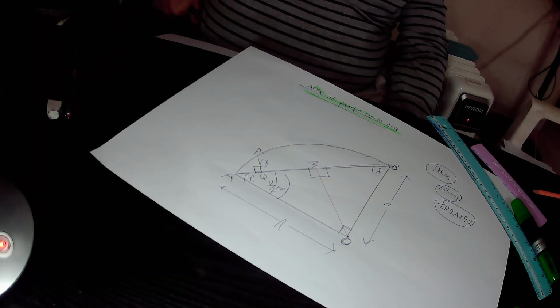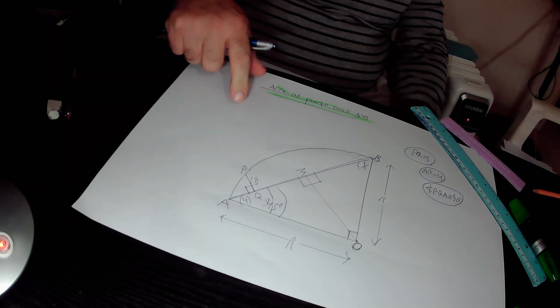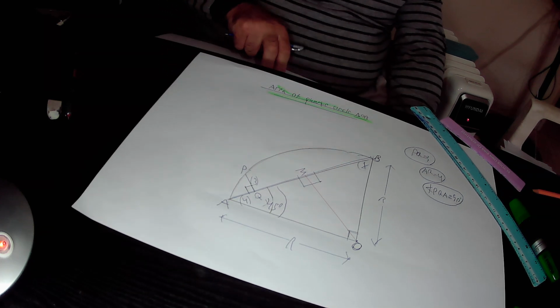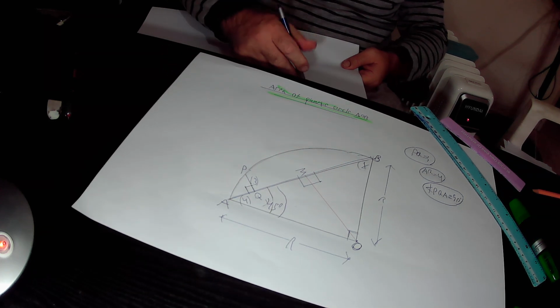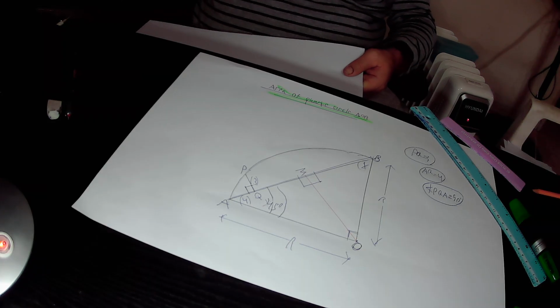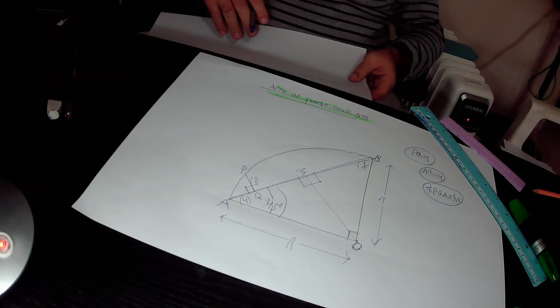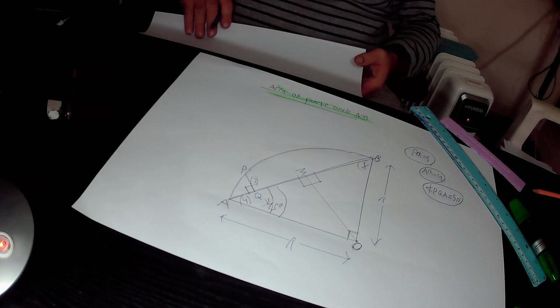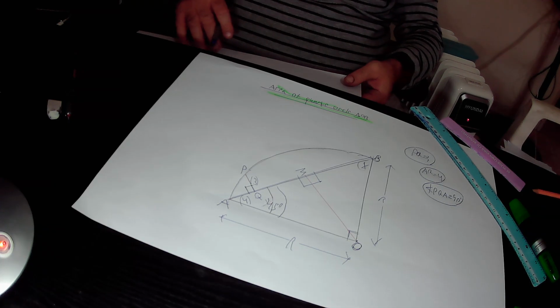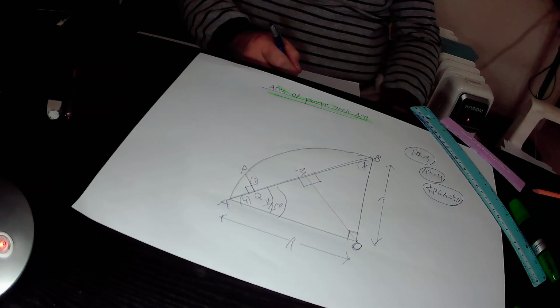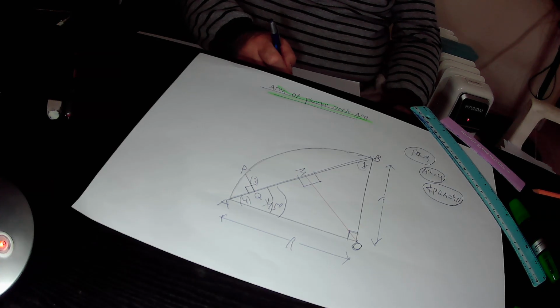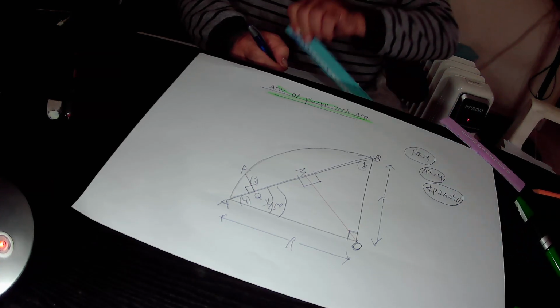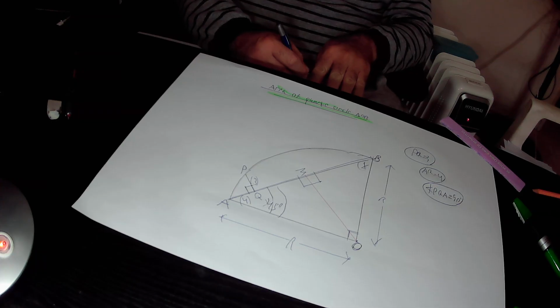In the next step, we will focus on this right triangle AMO. In the right triangle AMO, the sum of the angles must be equal to 180 degrees. So which angles do we have in the right triangle AMO?